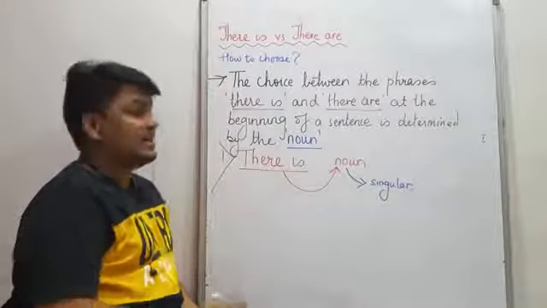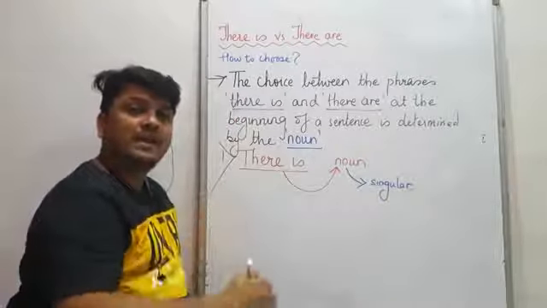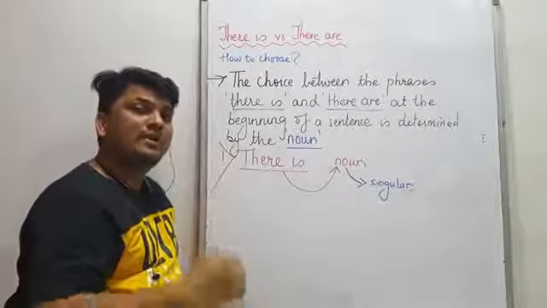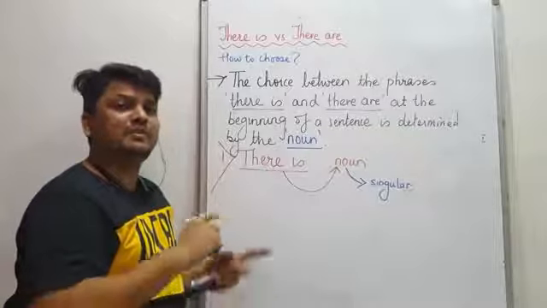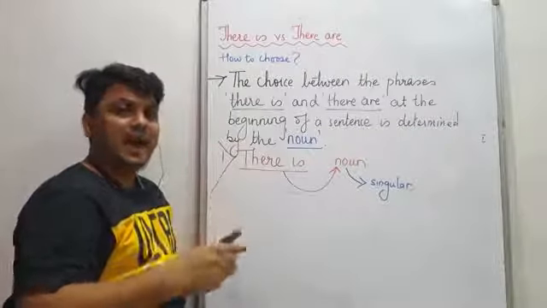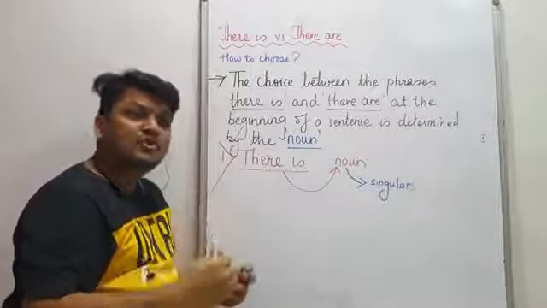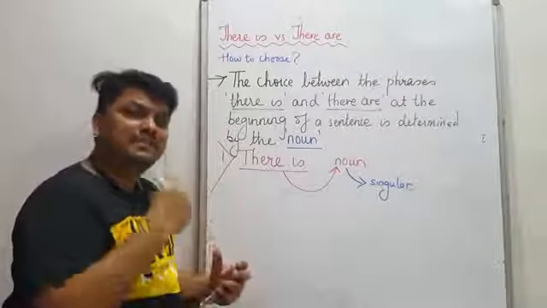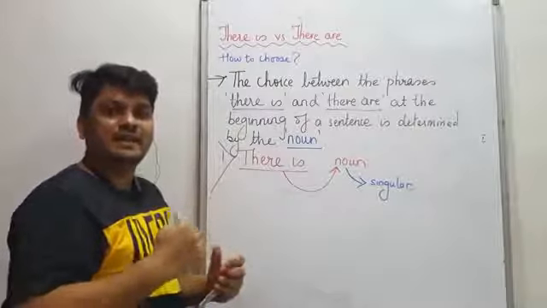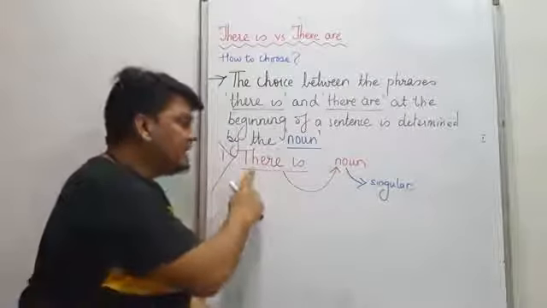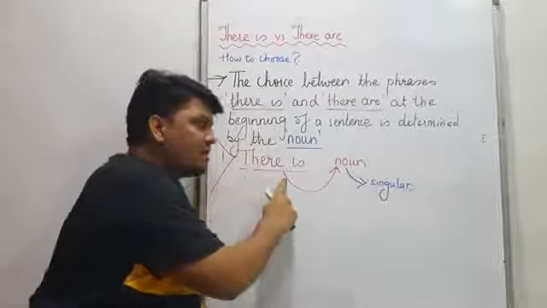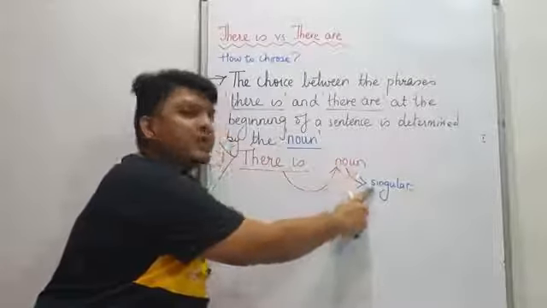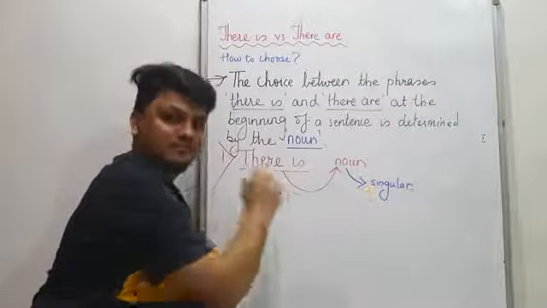Once again, today we are going to study there is versus there are. Here we are going to clear the choice between the phrases there is and there are, and how they should be used in a sentence. As I told you, most people make mistakes when they use there is and there are. So students, when you use there is and talk about the noun after that, see that the noun is in singular.